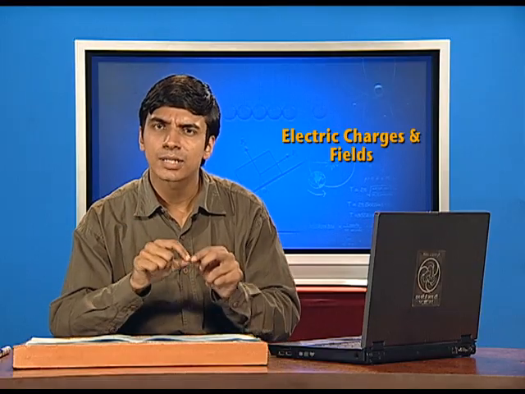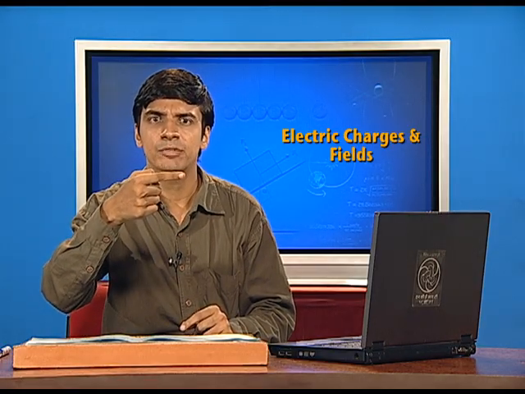The linear charge density is nothing but, if I am considering a thread and I divide that thread into equal parts, say suppose delta L is the length of this thread. Suppose this finger is the length of this thread from here to here.